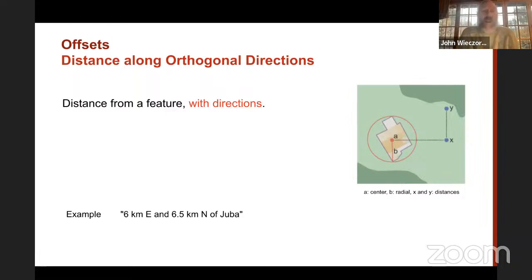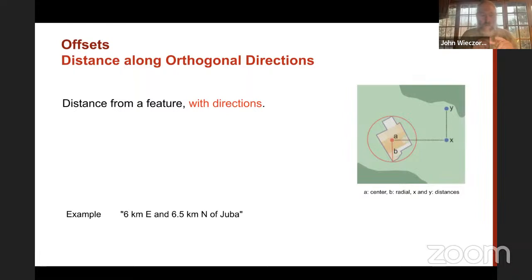It's a distance along orthogonal directions. So it's got 2 directions in it. Let's look at the example. 6 kilometers east and 6.5 kilometers north of some place called Juba. Why do we like to see these? Because there is a convention in these kinds of descriptions that when there are 2 directions and they're orthogonal to each other, there's no uncertainty about those directions.